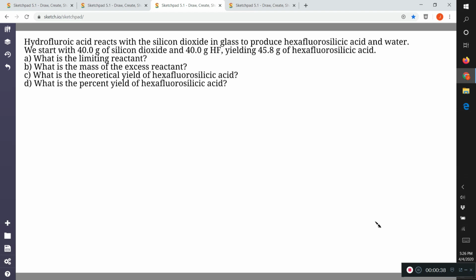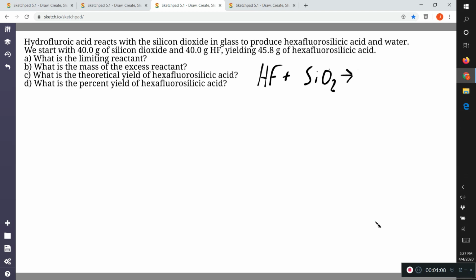So the first thing we have to get is a balanced chemical equation. Hydrofluoric acid starts with hydrogen, which is +1. We're adding fluorine, which is -1, so that's HF, hydrofluoric acid, plus silicon dioxide. Silicon dioxide is a covalent compound, so it'd be SiO2. O2 is dioxide.